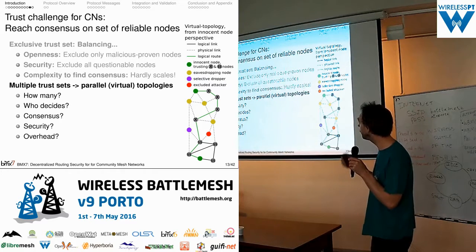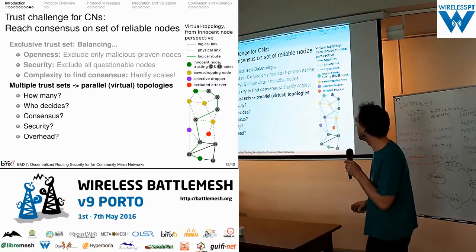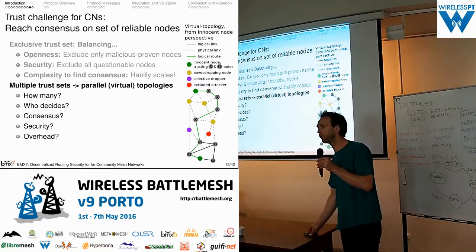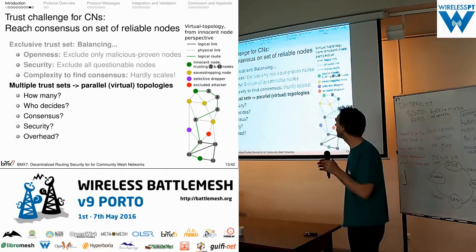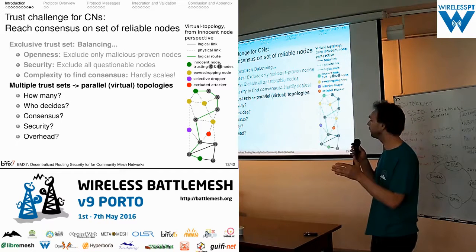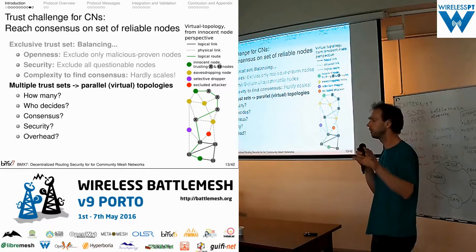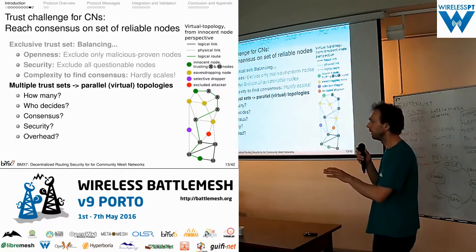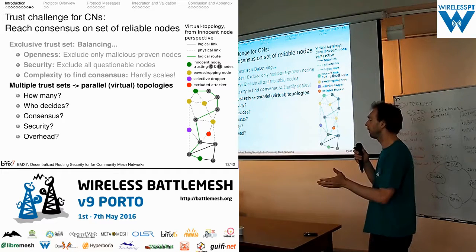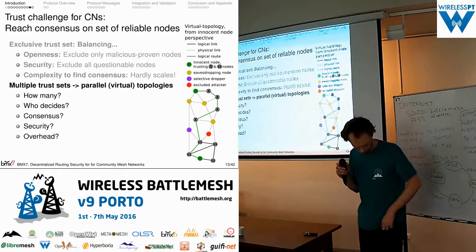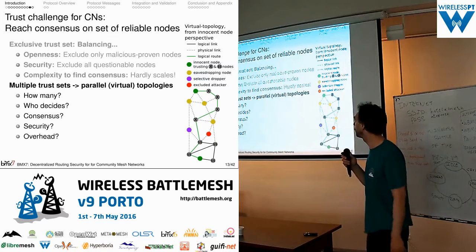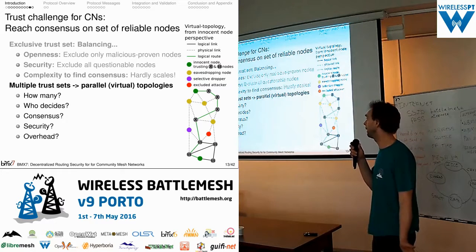One approach that exists is to have multiple topologies. And then you say, okay, I have one topology for these kinds of nodes that are considered trustable by this agency, whatever. And you have another set of nodes which are considered trustable by everybody or by nobody.